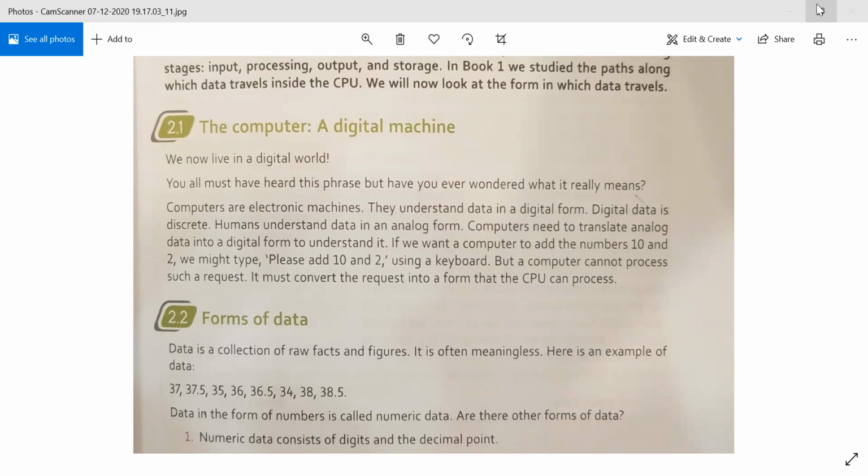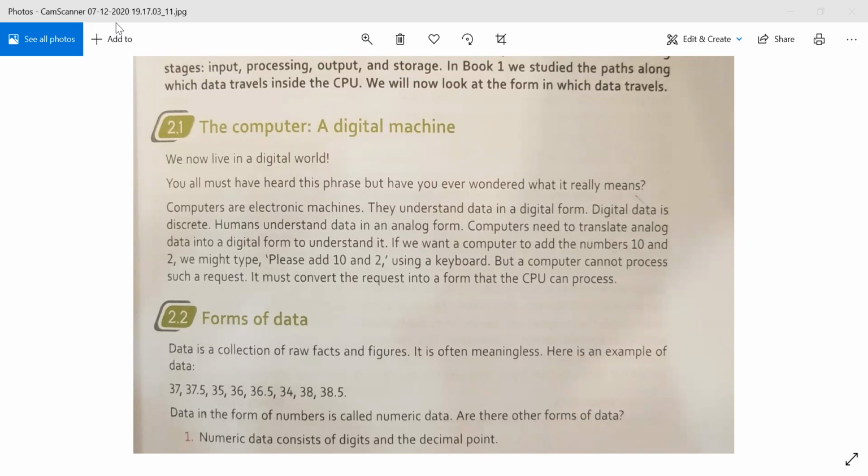Now the computer needs to translate analog into digital form to understand it. Beta, for example, if you want a computer to add the numbers 10 and 2, so we might type "please add 10 and 2."